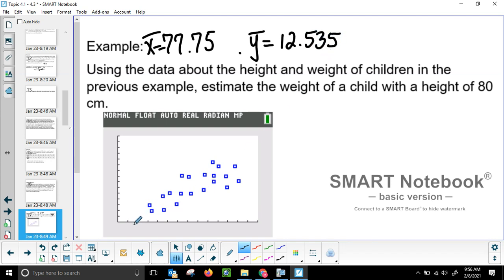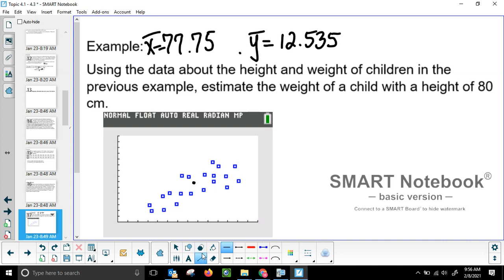This is in tens, so 20, 30, 40, 50, 60, 70. This would be 80, so 77.5 would be somewhere in here. 12.75 on the Y scale, we're going by twos, so 2, 4, 6, 8, 10, 12, so somewhere right in here.